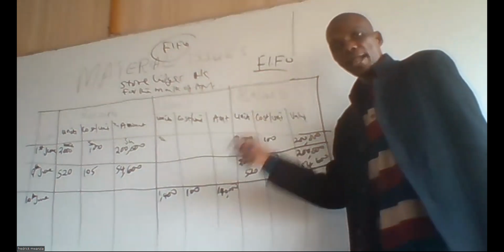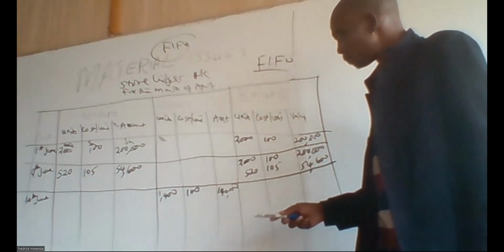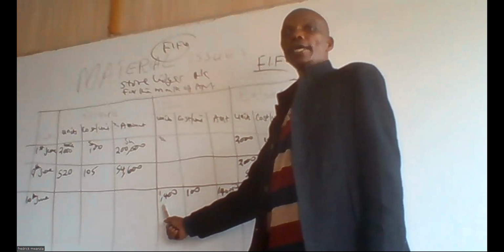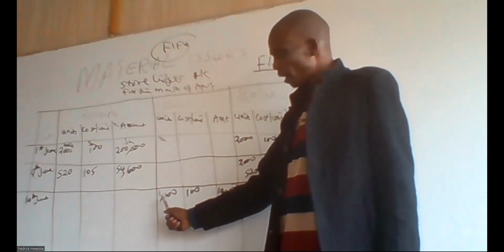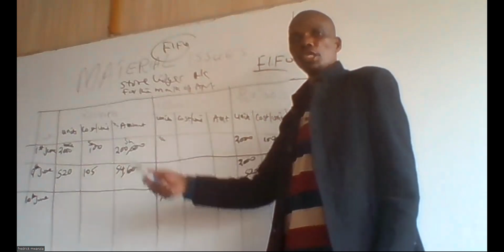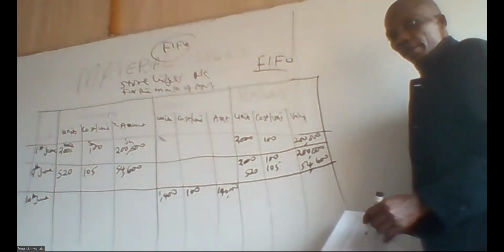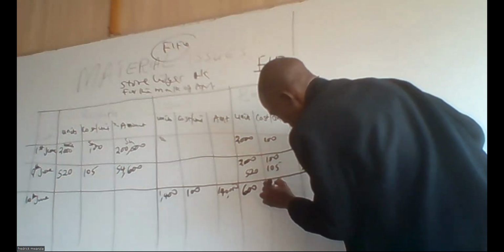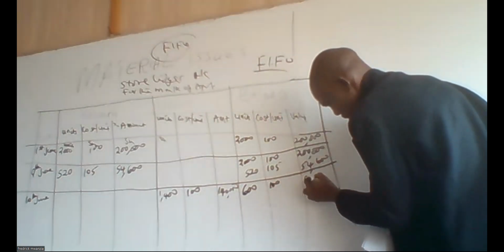Now, what's the balance? The balance is obvious. This 2,000 has been reduced by 1,400, the amount which has been issued in production. That is the difference, and that is going to be 600 at 100. So that means 60,000.